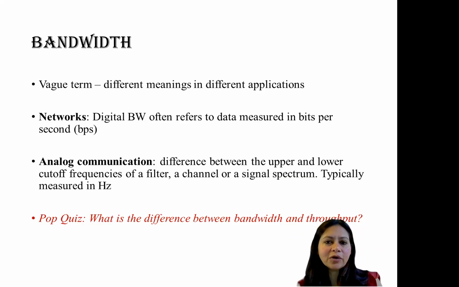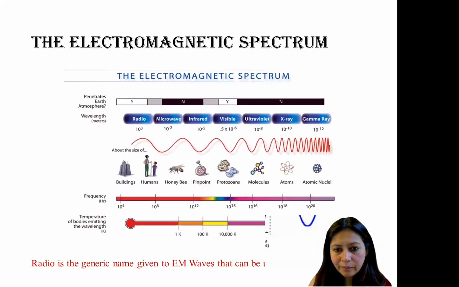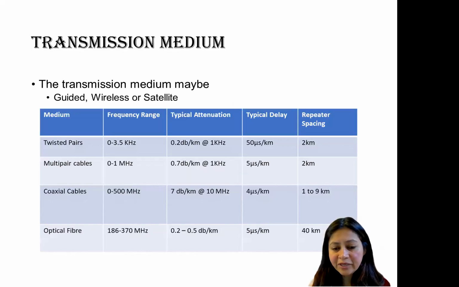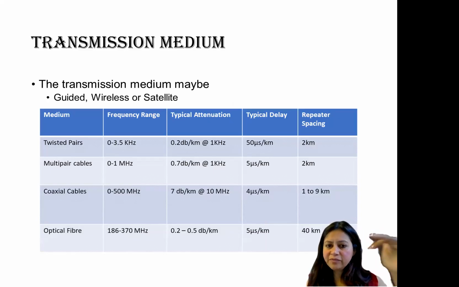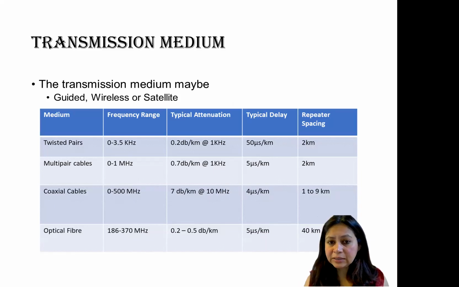I very deliberately avoided the word frequency when we were talking about the transmission medium, because we hadn't visited what frequency is. If you go back to that slide of transmission medium, you'll see that every transmission medium supports a certain frequency range. So a twisted pair supports a frequency range of waves between 0 to 3.5 kilohertz, whereas an optical fiber can support waves of frequency 186 to 370 megahertz.